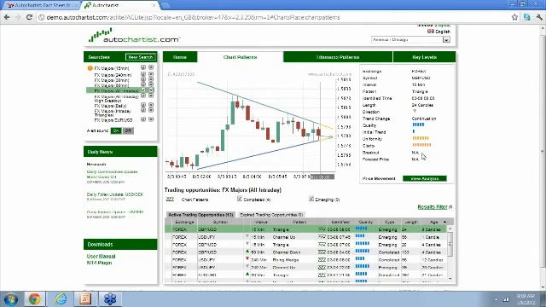Now the breakout, which has not taken place yet, is going to show us a rating of 1 through 10 when it does break out of this triangle pattern. And what that's going to measure is the strength of the move through support and resistance, and that's going to show us the direction as well as the strength. So we want to look at something that has a high breakout rating.